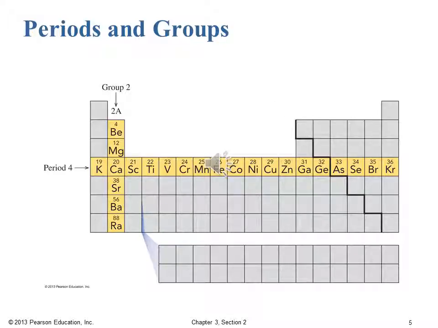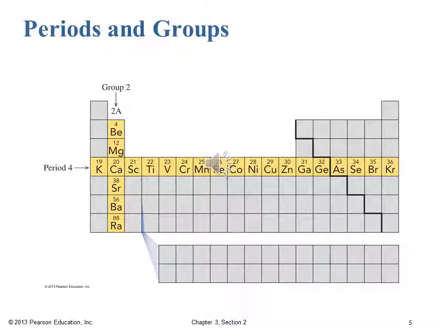And so here we see a graphic that highlights group 2, so that second vertical column, so the groups we count from left to right, and then it also happens to highlight period 4, where we see the first group of the transition elements there after potassium and calcium, and then we end with the Noble Gases, which are at the extreme right end of the table.